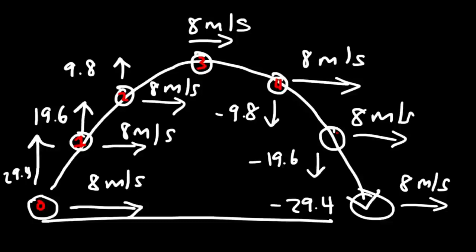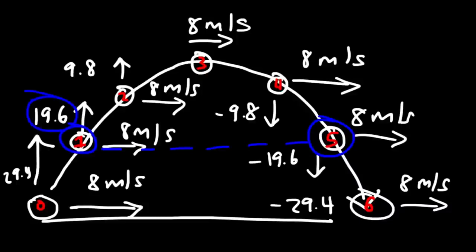So notice that the speed is the same when the height is the same if the trajectory is symmetrical. In this case, the left side looks exactly the same as the right side. So there's symmetry for this type of shape. So at a certain height, Vy has the same magnitude but the opposite sign.